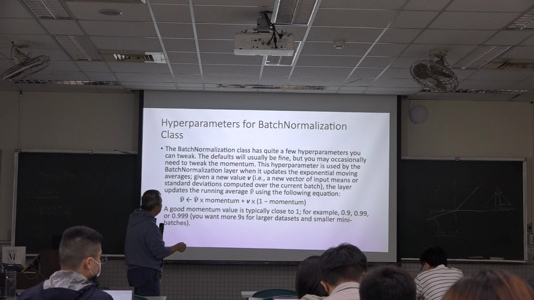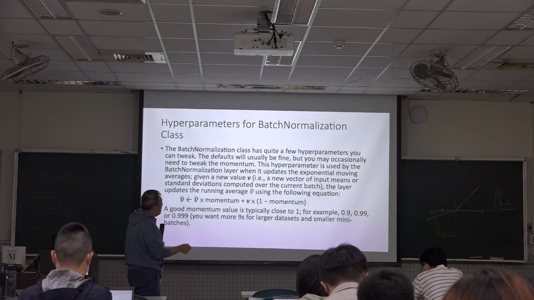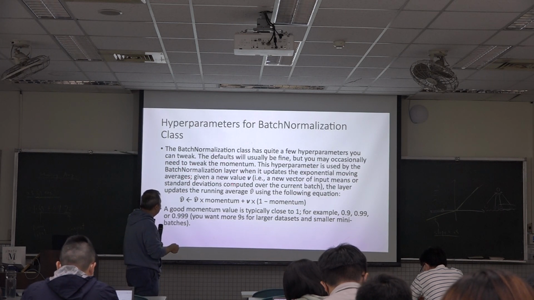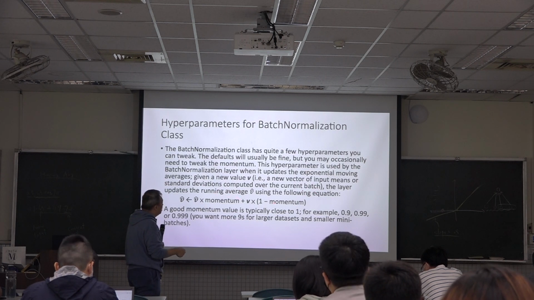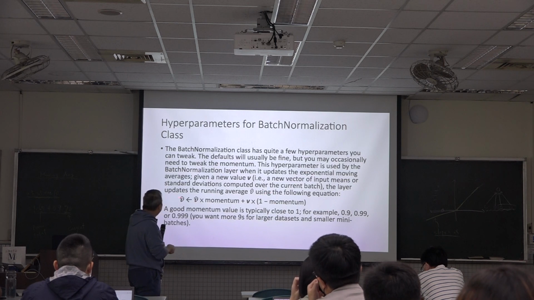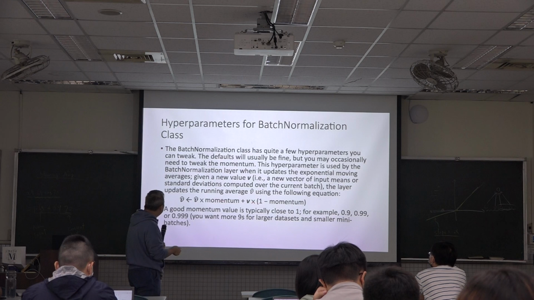The batch normalization class has quite a few hyperparameters you can tweak. The defaults will normally be fine, and you normally don't need to tweak them. But you may occasionally need to tweak something such as momentum. This hyperparameter is used by the batch normalization layer when it updates the exponential moving average given a new value v.